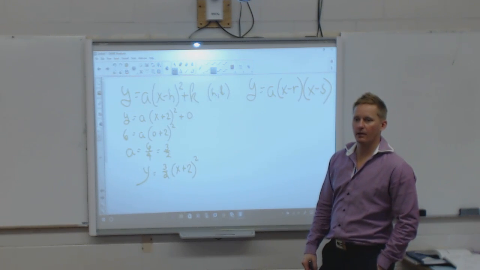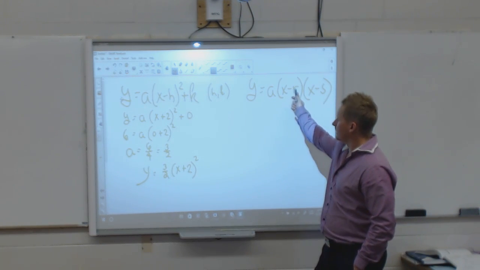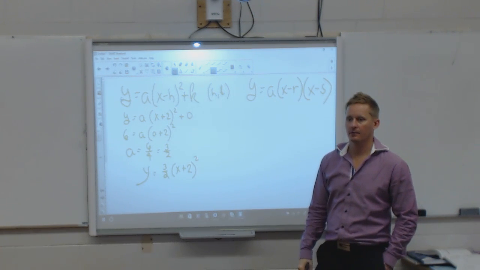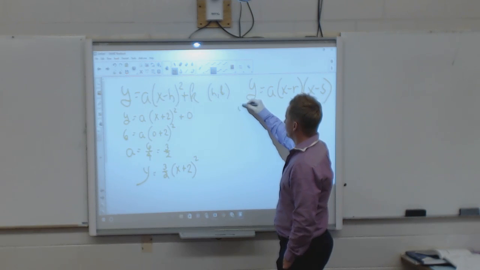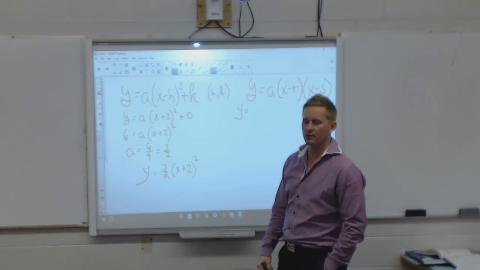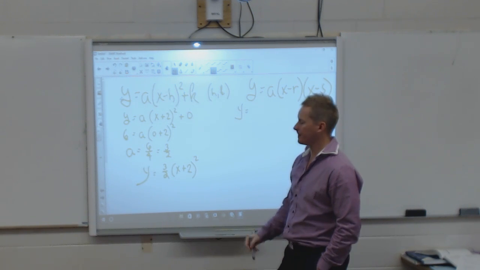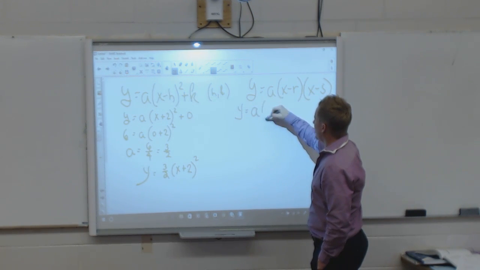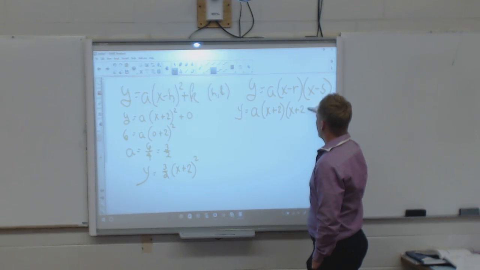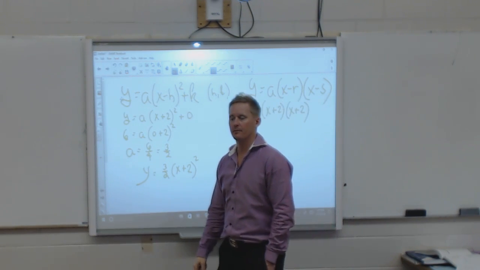We did this yesterday, did we not? Yeah. Okay. We're going to do it using this because it's a little bit trickier. Because is the vertex also one of the roots? Yes. It's also the only root, is it not? So then a x plus 2 times x plus 2.